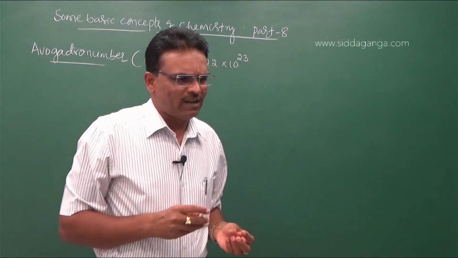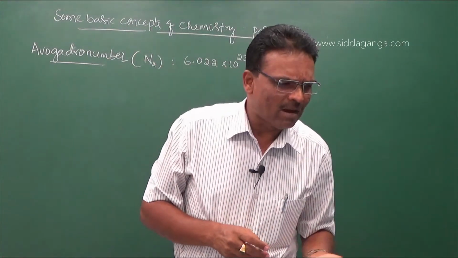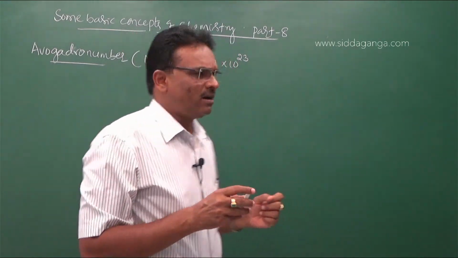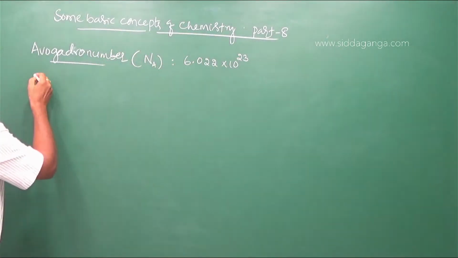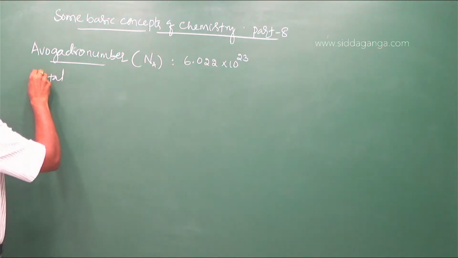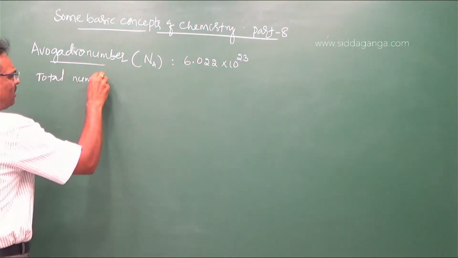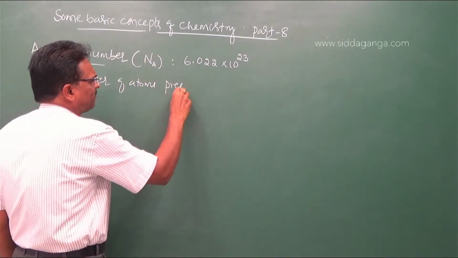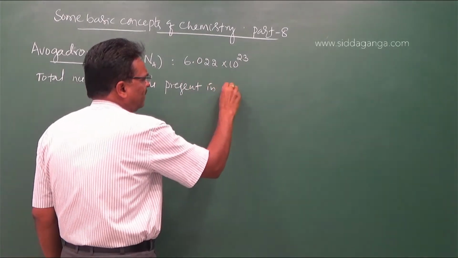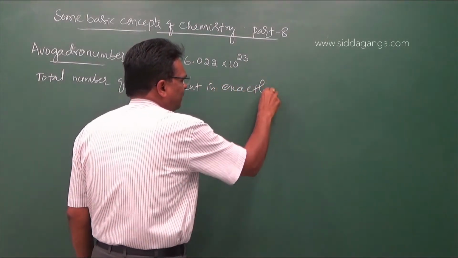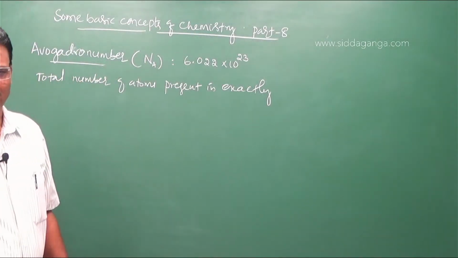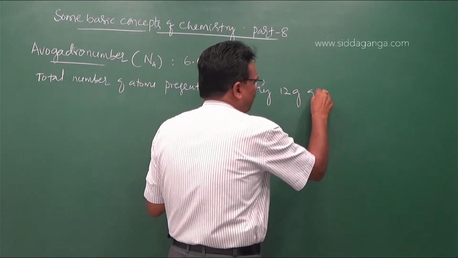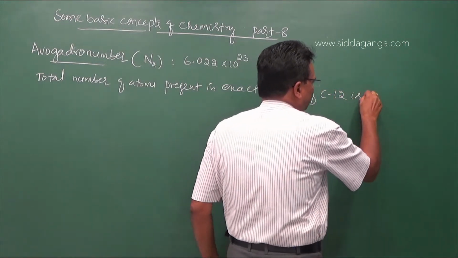So what is meant by the Avogadro number? Total number of atoms present in exactly 12 gram of carbon 12 isotope.